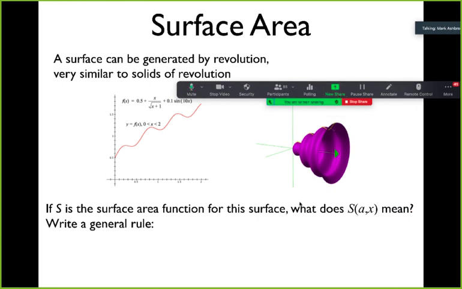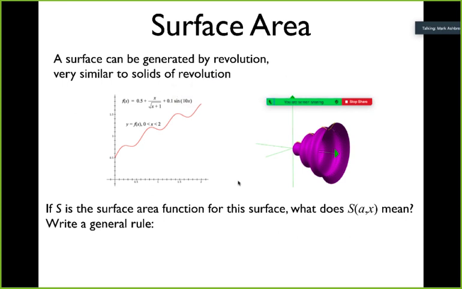Right, so the surface area generated. We rotate a curve, and then we start accumulating at a, and along the way we're at different x values, and for any given x value, S of a, x would be the amount of surface area starting from a up until x.